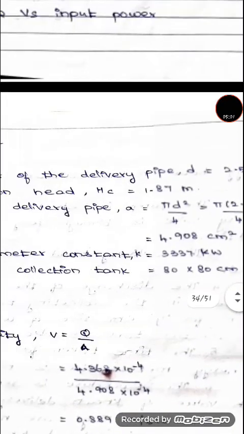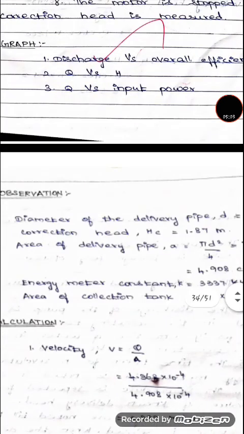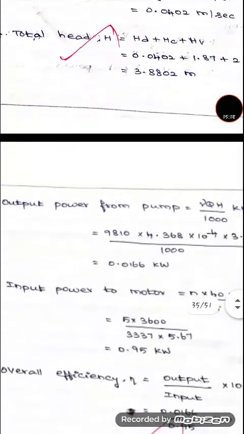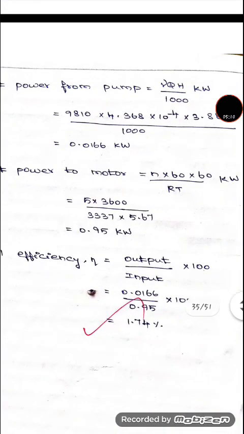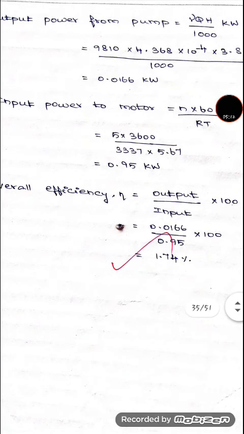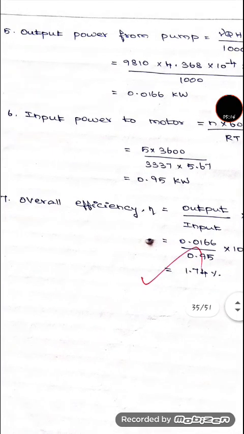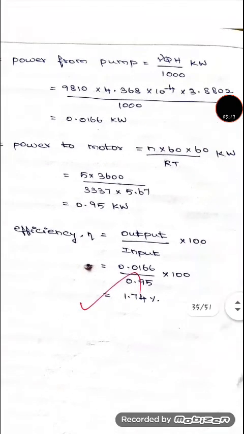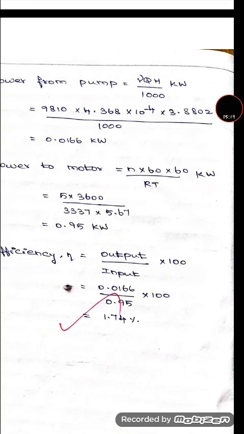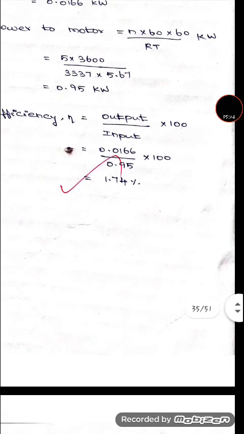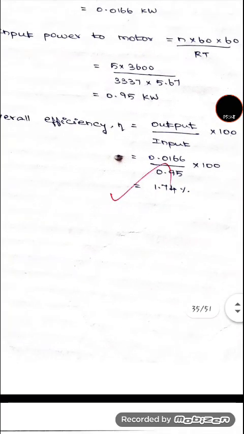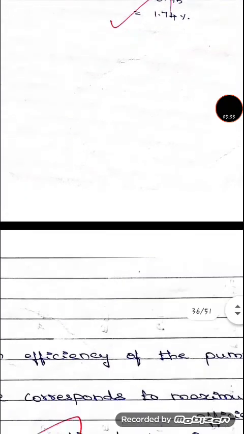Here R is the value of the energy meter constant K, that is 3337, into time. This is the value substituted in the formula. For overall efficiency, efficiency is the ratio of output power to input power multiplied by 100 to get the value in terms of percentage. So the percentage efficiency has been calculated as 1.74.